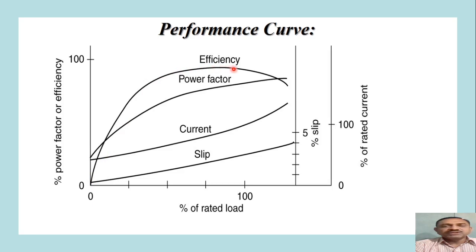Then it will have a saturation within this region, and after it decreases. Power factor of 3-phase induction motor starts improving from no load to its rated load condition. So from this graph, we can conclude that the power factor will get its maximum value at its operating condition, that is full load condition.